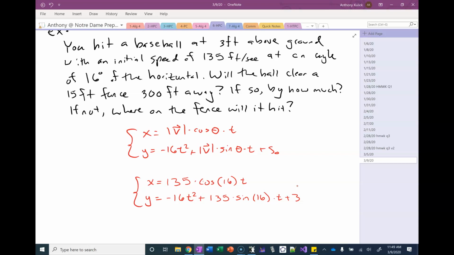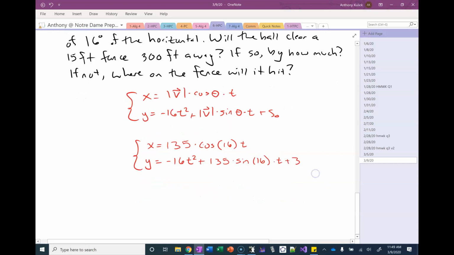Everybody's okay with that idea? So what I'm going to do is I'm going to use the x equation, putting 300 in for x, and using that to solve for t.